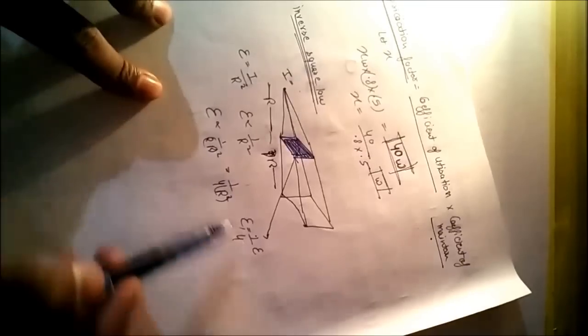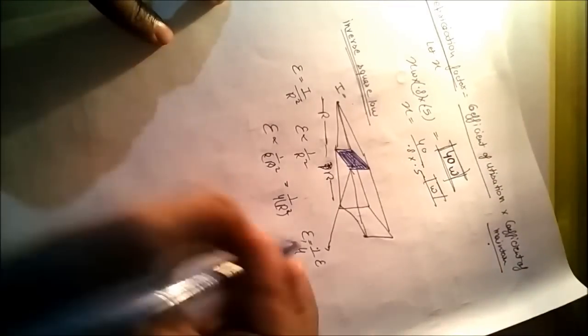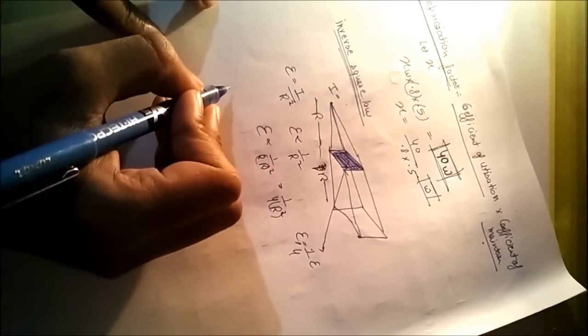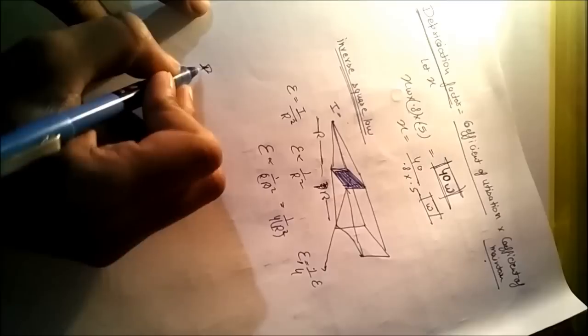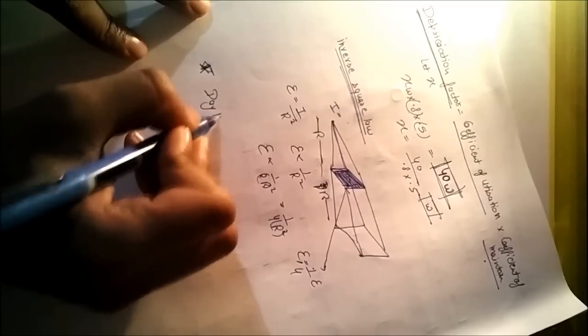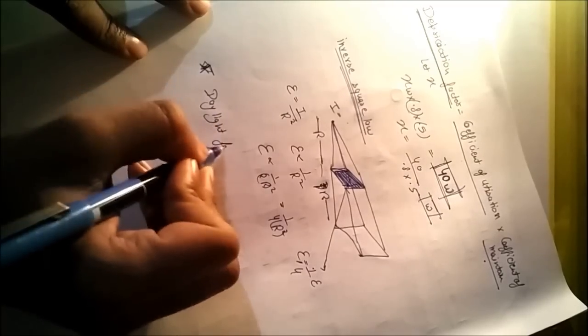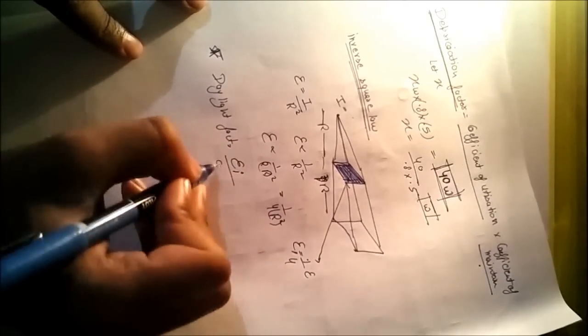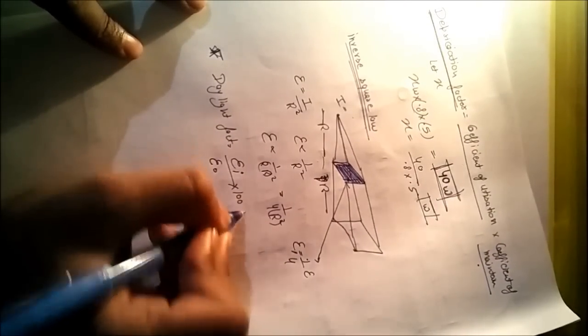With increasing distance, the intensity of illumination also decreases. Okay. Now one more thing in lighting numericals is daylight factor. Daylight factor is equal to illumination inside upon illumination outside into 100%.